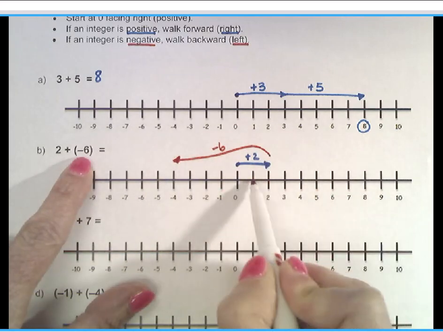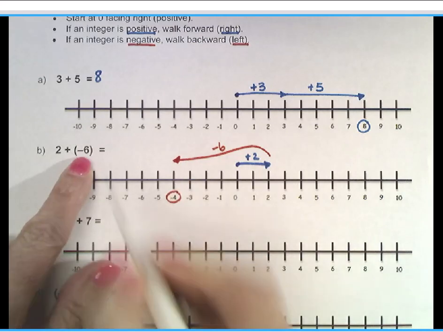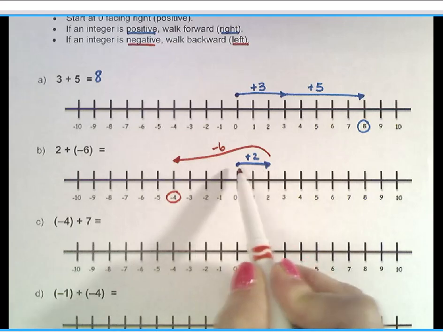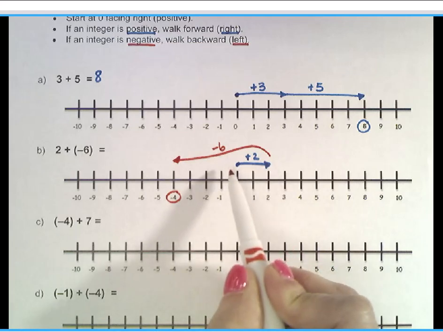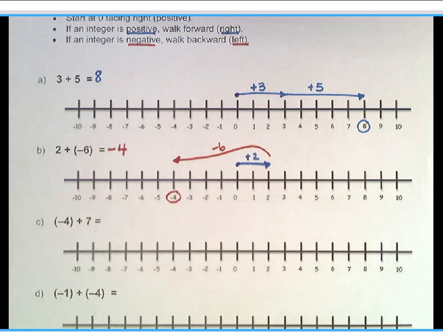If you head back 1, 2, 3, 4, 5, 6, you end up here at -4. So you went right 2, but you went left 6. You went more left than you did right, which is why this answer turns out to be negative. When I add integers in my head, my brain always sees a number line. This is just naturally the way my brain does it. I don't know if that's the way your brain does it or not, but that's what mine does.